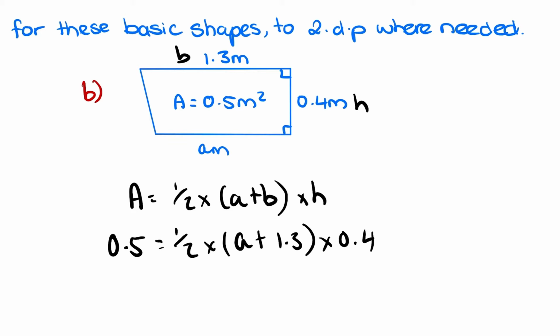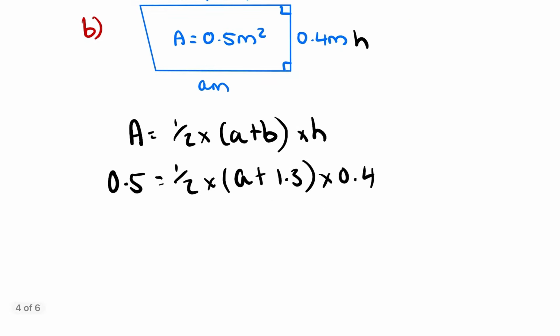Now what I'm going to try and do here is simplify some of this to save me an extra step. I can't do much with my 0.5 yet, but I can deal with this half and this 0.4 and multiply them together. So half times 0.4 gives me 0.2.